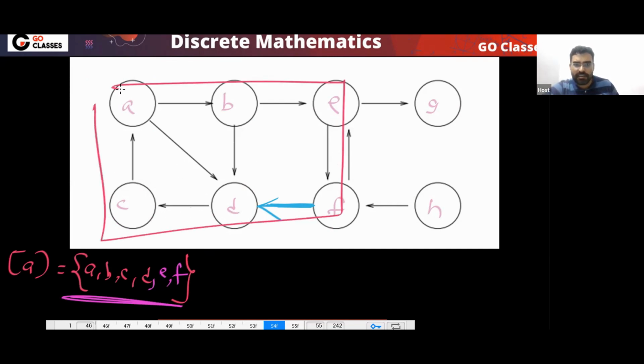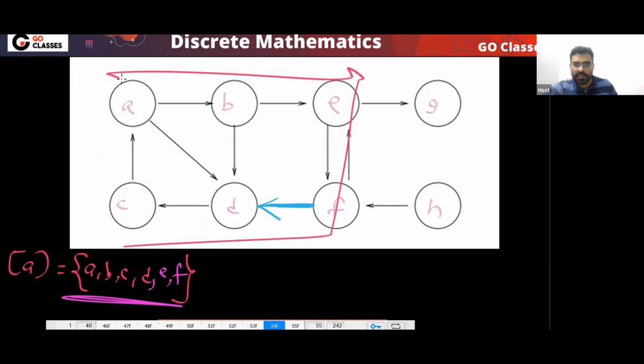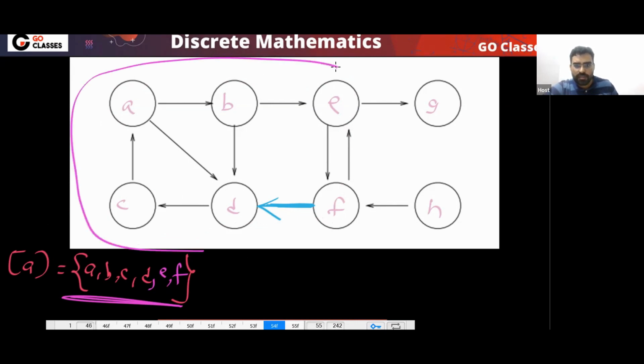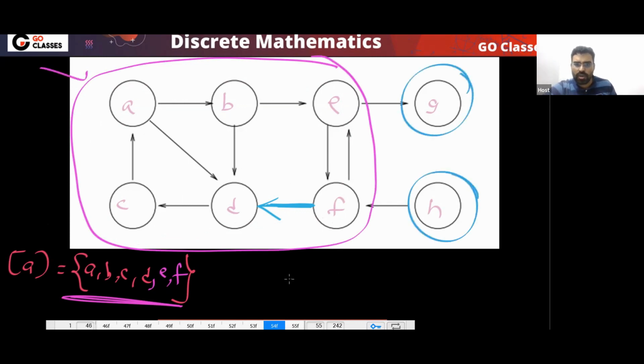So this is the component. Finally, you got this one component, and the remaining is this component. So the number of strongly connected components is 3.